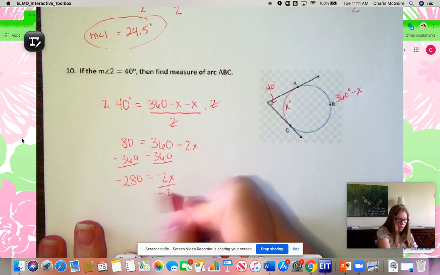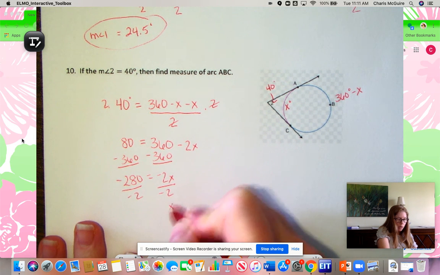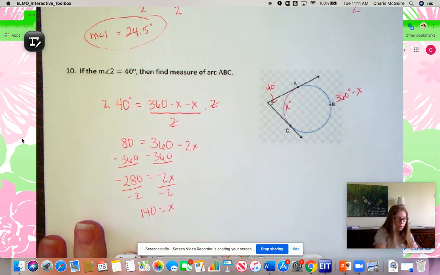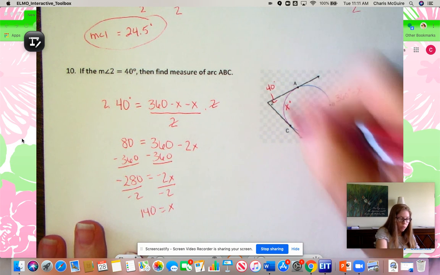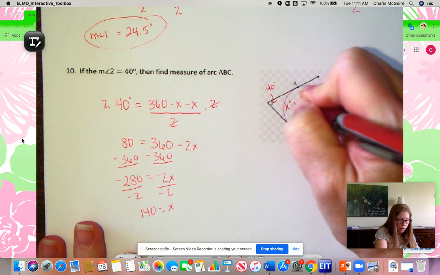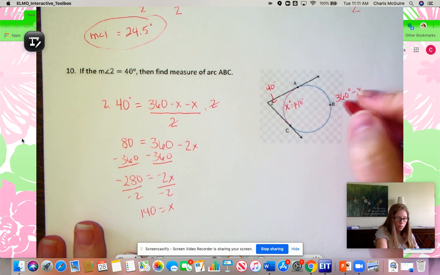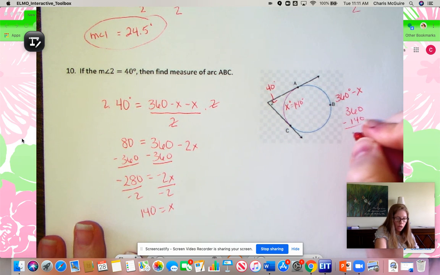So when I divide by the negative 2, I'm going to get 140 degrees. Now the 140 is my x value. So here I'm going to do 360 minus the 140, and that's where my final answer of 220 degrees comes from.